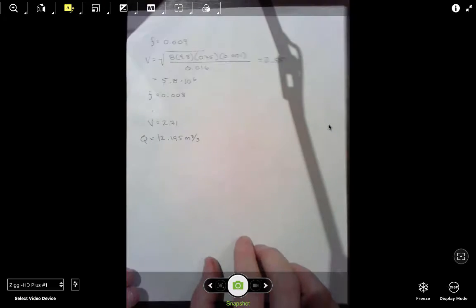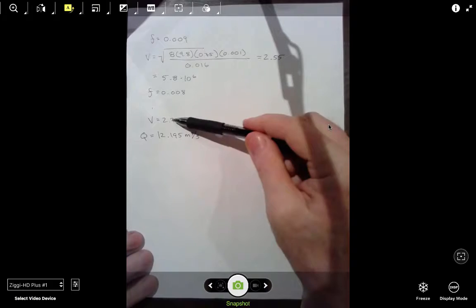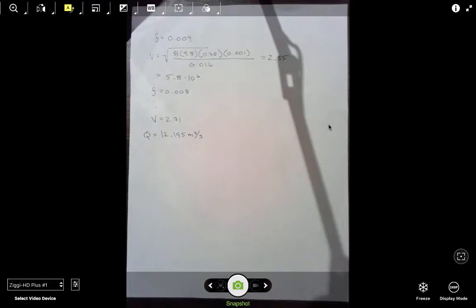And after a few more iterations, the velocity and the friction factor will stop changing at some point, or the changes will be small.